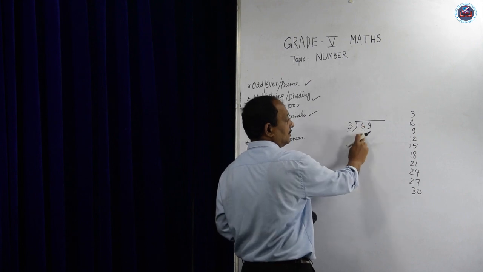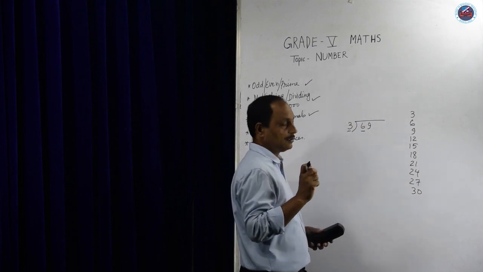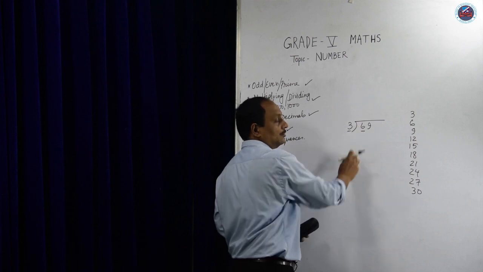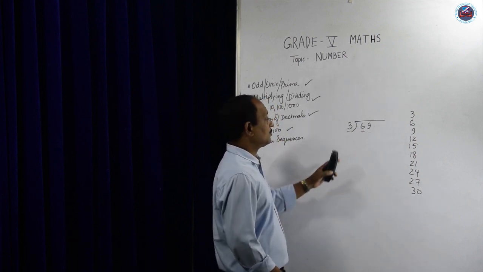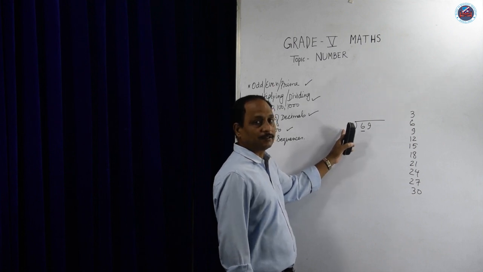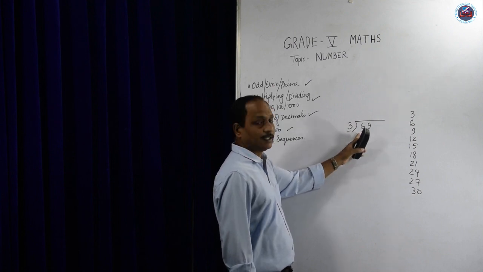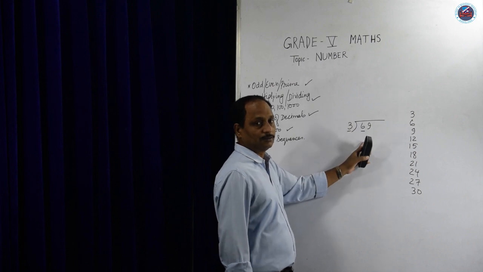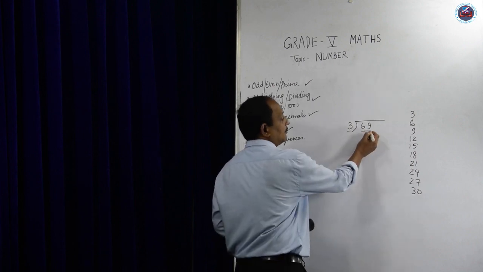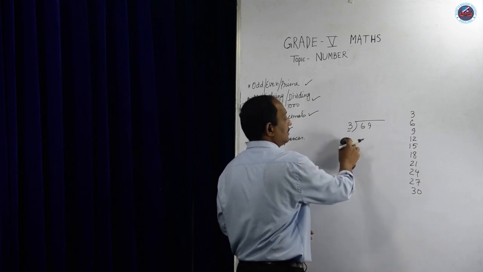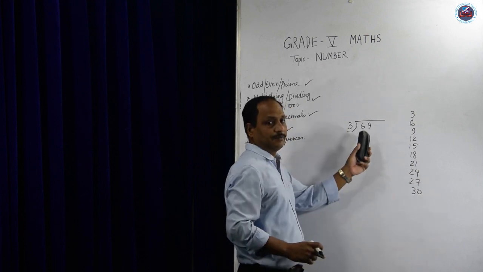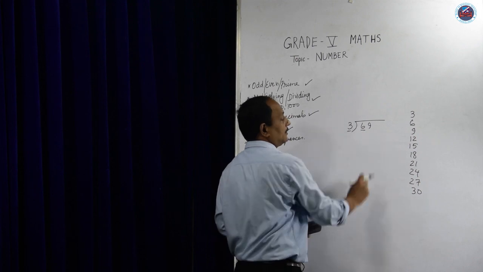If we do, we can subtract. Suppose here is 2 in place of 6. So 3 will be greater, the divisor will be greater than the dividend. So we cannot do it. At that time we have to take both numbers, the second number also. But here, since the divisor is smaller than the dividend, we will take one number only.